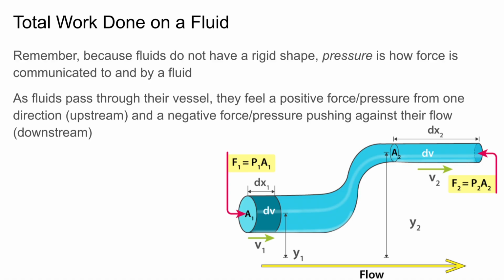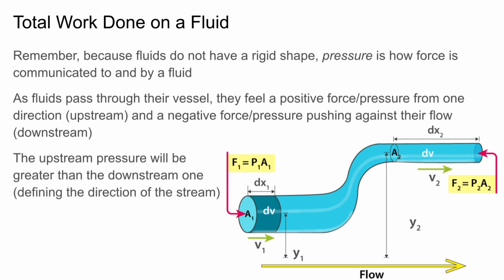As fluids pass through their vessel, they feel a positive force/pressure from one direction, what we call the upstream direction, and a negative force/pressure pushing against their flow, coming from downstream. So the upstream pressure will be greater than the downstream pressure because it has to be, because if we switch those, then our upstream and downstream also get switched, right?